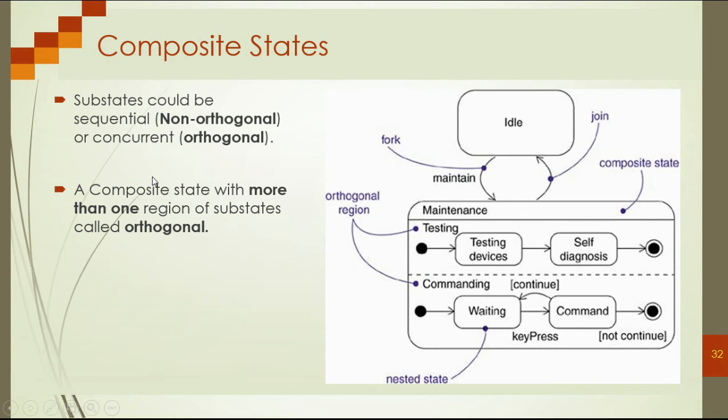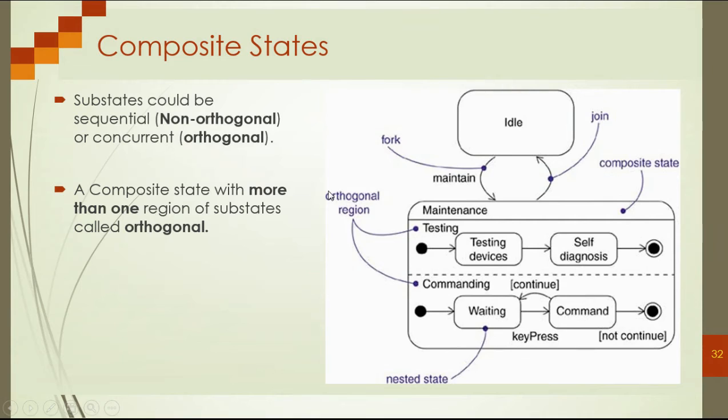Here is another example of an orthogonal state chart. This example is just for maintenance. The maintenance can go for testing or can go for a second option, which is commanding. So such a state chart is called an orthogonal state chart.